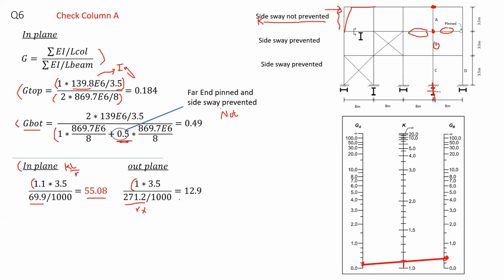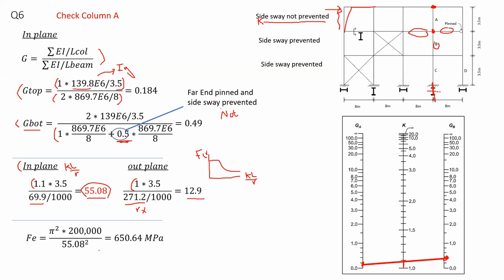And from here, you get the value for the out-of-plane KL over r equal to 12.9. Now, which one am I going to proceed with? I will proceed with the biggest value, because of the graph we all know: as the KL over r value increases, the capacity of the member decreases. Based on that, I carry on with the 55.08.